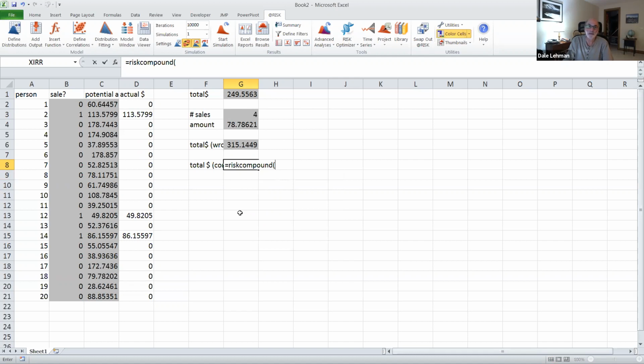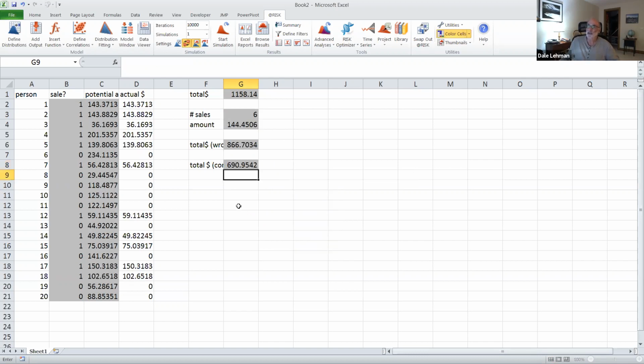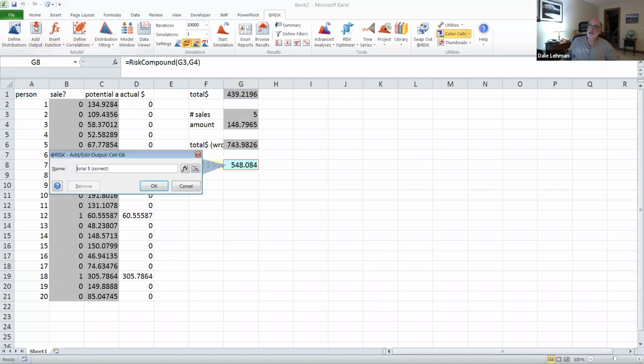It wants to know a frequency distribution: how often does it happen? Well, we've got that in G3. And it wants a severity distribution: when it happens, how big is it? That's in G4.